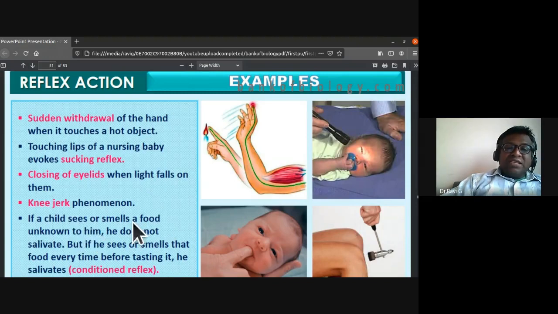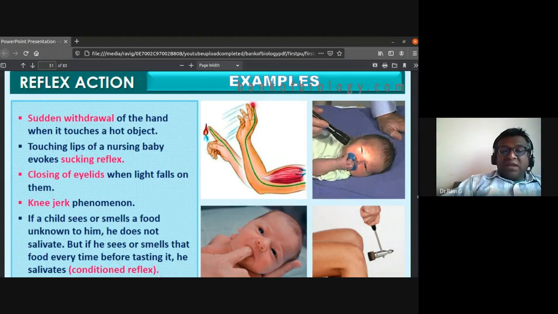If a child sees or smells a food unknown to him, he does not salivate. But if he sees or smells the same food again, every time before tasting it, he salivates.